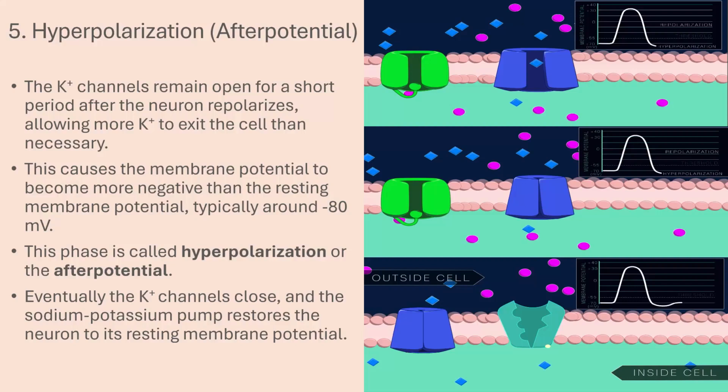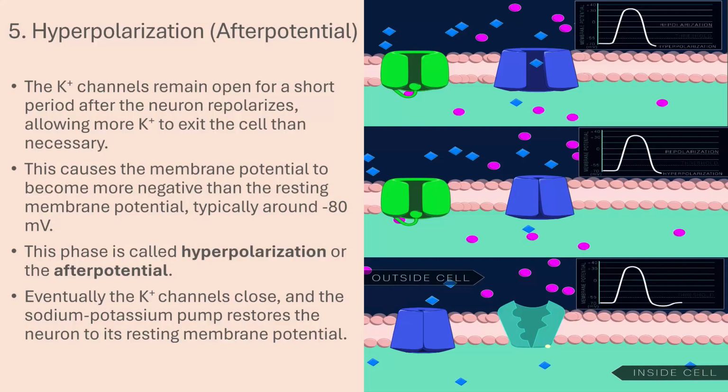The potassium channels remain open for a short period after the neuron repolarizes, so it is not a completely simultaneous procedure, and it allows more potassium to leave the cell than necessary.